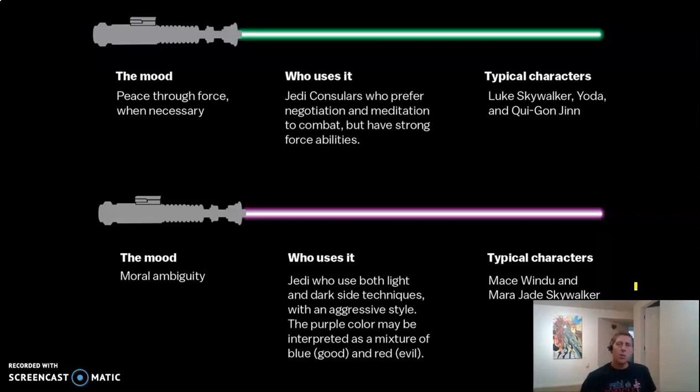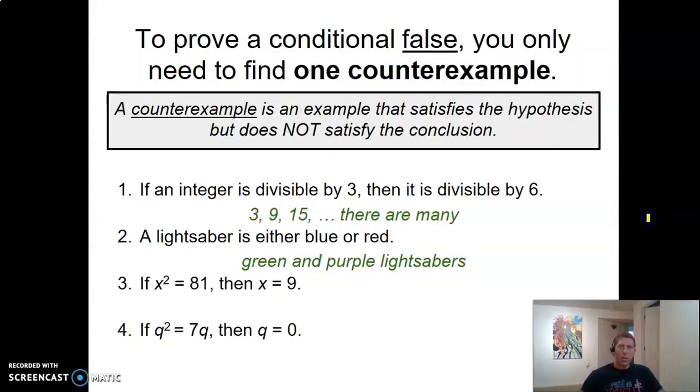Mace Windu is one of those, and Mara Jade Skywalker was another. They understand that good and evil have a kind of duality to them. Therefore, this statement is false because green and purple lightsabers are the counterexamples. So lightsabers aren't just blue or red, they can also be green or purple.